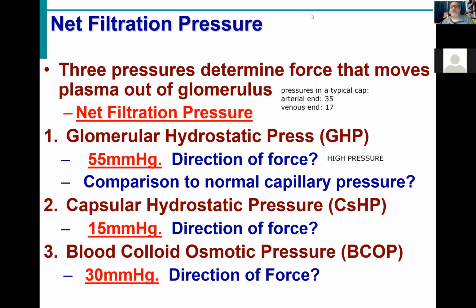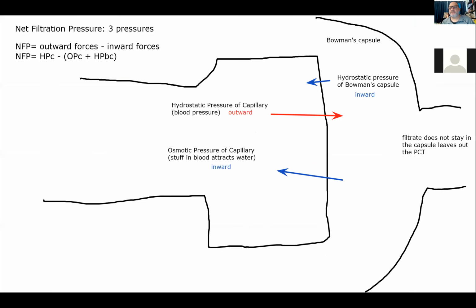Here we know this outward force is 55 millimeters of mercury. Here we know this inward force is 30 millimeters of mercury. And we know this inward force is 15 millimeters of mercury.